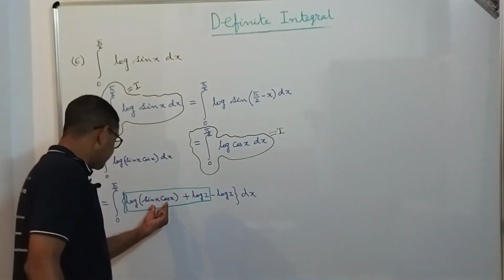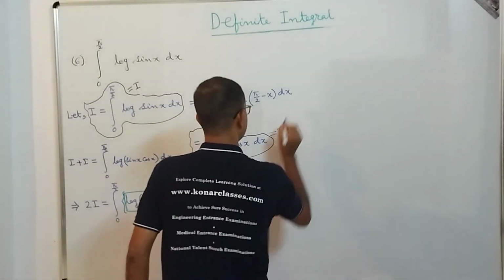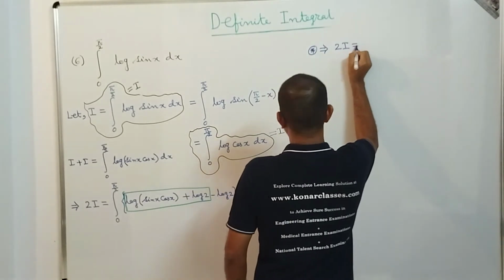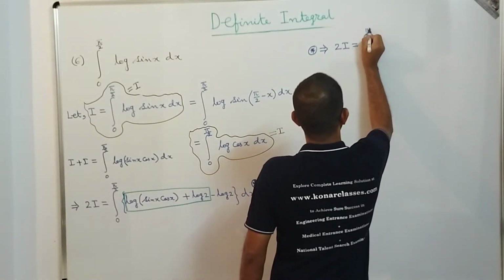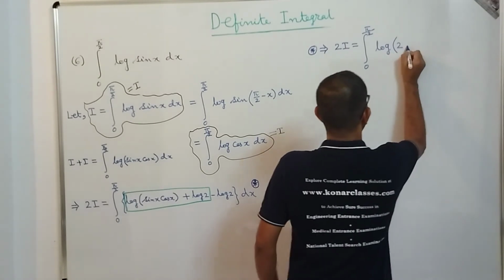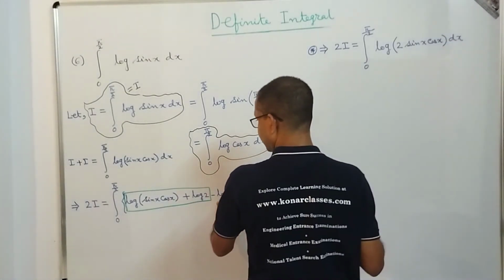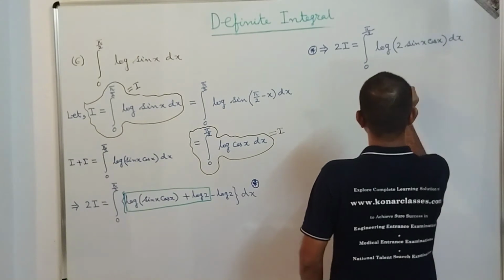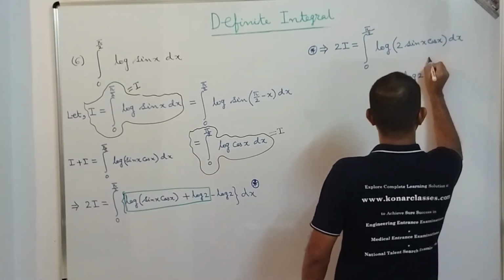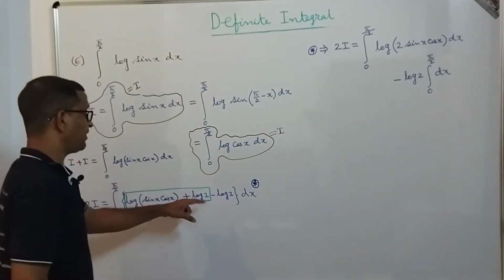So from here, 2I is equal to the integral from 0 to pi by 2 of log of 2 sin x cos x dx, minus log 2 times the integral from 0 to pi by 2 of dx.